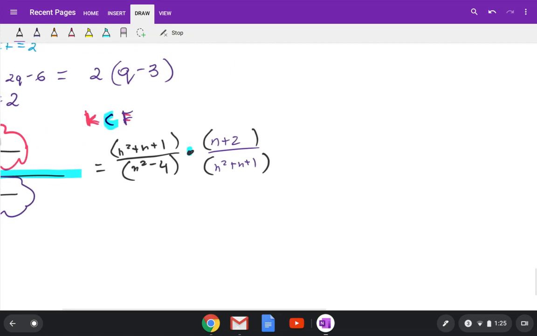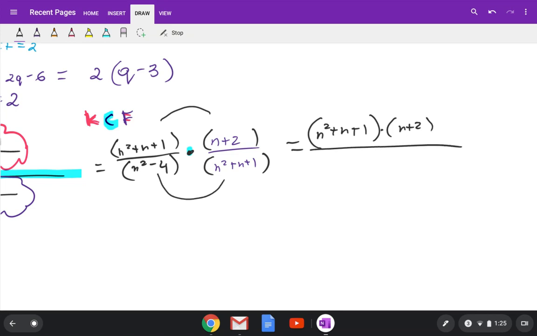Okay, so fraction multiplied by fraction, you multiply numerator by numerator. So we have (n squared plus n plus 1) times (n plus 2), and multiply the denominators together. So we have (n squared minus 4) times (n squared plus n plus 1).